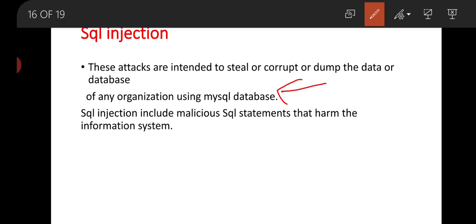If any organization uses the SQL based database, then SQL injection includes malicious SQL statements that harm the information system. ये क्या करेंगे, अगर आप SQL database यूज कर रहे हैं, ये कुछ malicious statement इंसर्ट करते हैं आपके डेटाबेस में और उसको एग्जीक्यूट कराते हैं, जिससे कि आपका डेटा करप्ट हो जाएगा, डेटा की इंटीग्रिटी ख़त्म हो जाएगी, वो पता चला कि कुछ और रिजल्ट दे रहा है, कुछ और होना चाहिए, या अदरवाइज दे कैन करप्ट और डंप योर डेटाबेस. दिस टाइप ऑफ अटैक इज नोन एज SQL इंजेक्शन. SQL लिखा होता है, पढ़ते इसको SQL है.